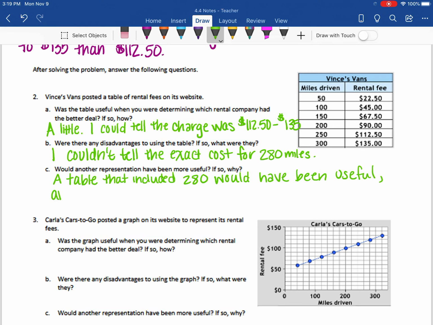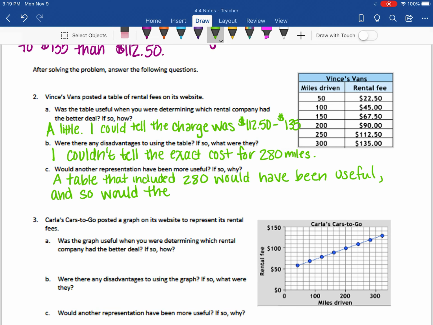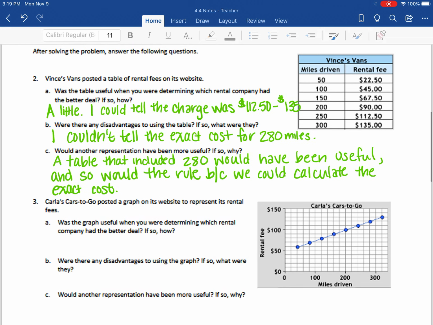And so would the rule, because the rule we could just plug right in. We could calculate the exact cost. Okay. All right, we're going to look at Carla's now.